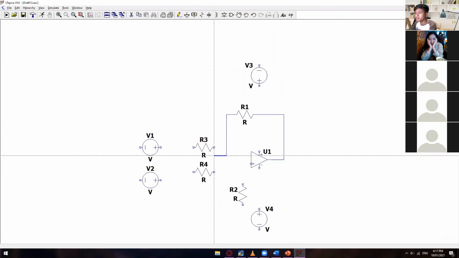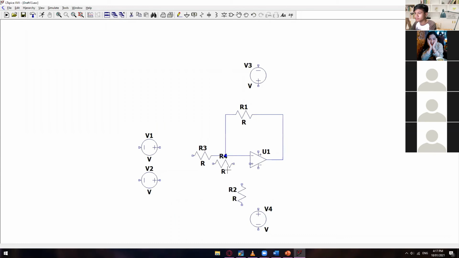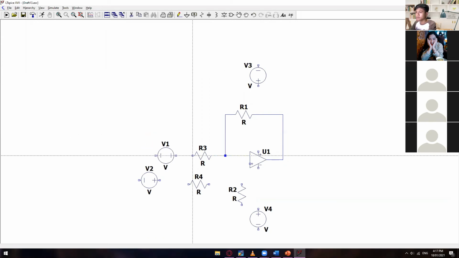And then this is our R1. I'll just arrange this like that. Maybe you guys cannot see this, so I'll just put it here. There you go. And then you can simply put ground here.